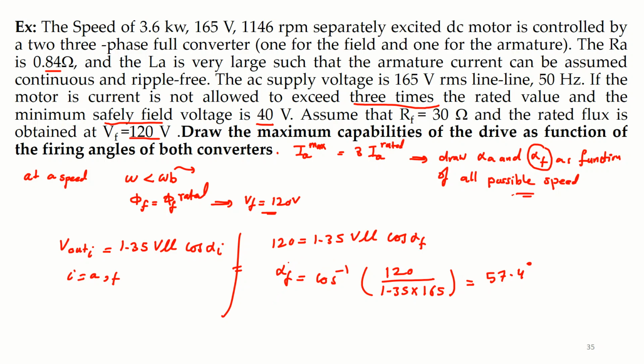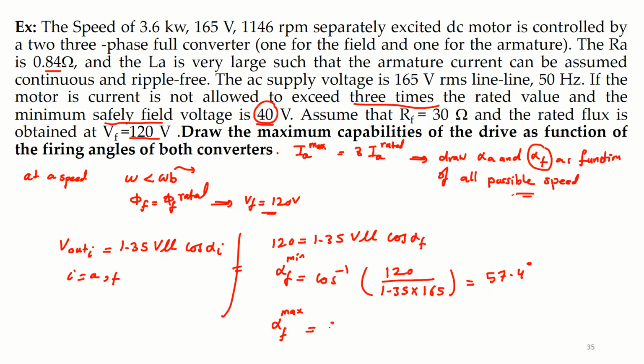And this actually is the minimum field firing angle, corresponding to the maximum voltage. Now we can find alpha f maximum, which corresponds to the minimum field current. The voltage is already decided, 40 volt.